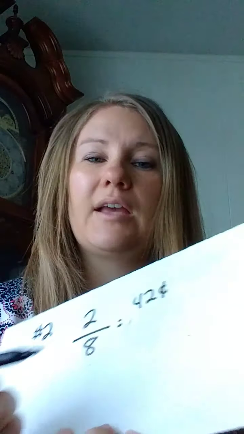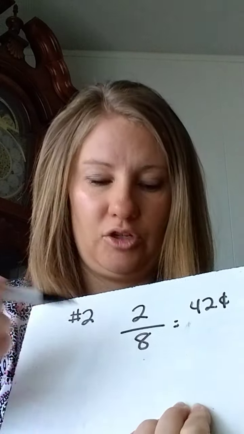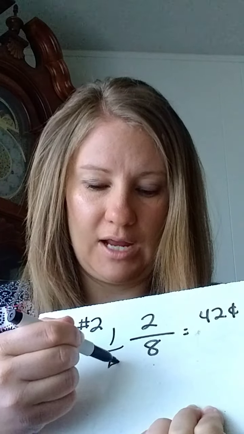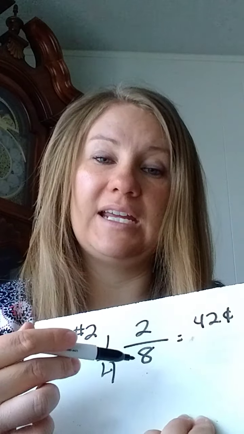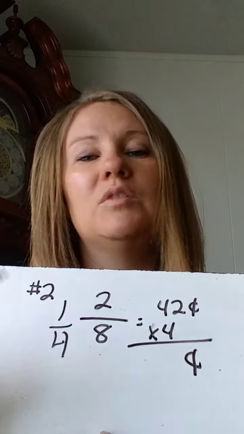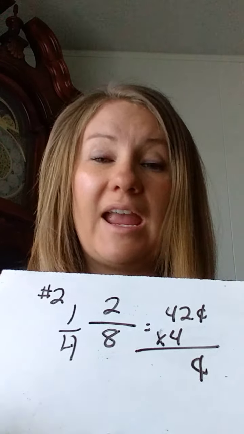If we reduce this fraction, 2 goes into 2 1 time, 2 goes into 8 4 times. So I have 1/4 of the amount of oranges I need, so I can multiply 42 times 4 to figure out how much I would need. You can do either one of those. Just pause the video, do your multiplication, and plug in the cost of 8 oranges.